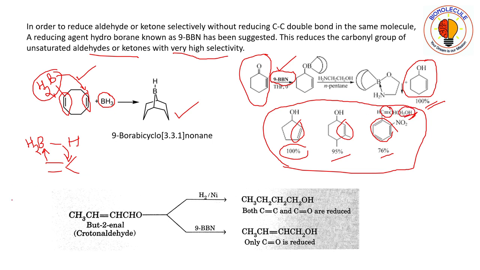Now see crotonaldehyde: if we reduce it catalytically, then both the carbon carbon double bond and the carbon oxygen double bond are reduced. That is, here we are getting a primary alcohol, and here a hydrocarbon, an alkane type. Whereas if you use 9BBN, then only the C=O is reduced, so you get only the primary alcohol and the unsaturation remains intact.